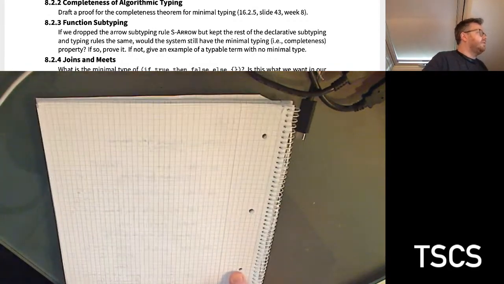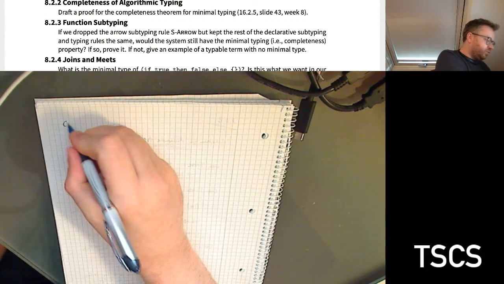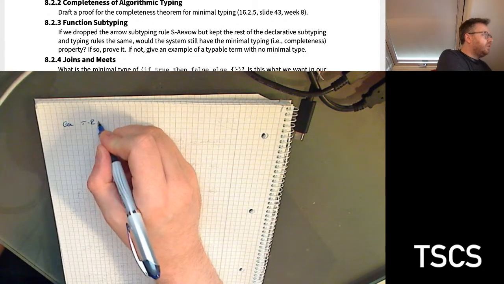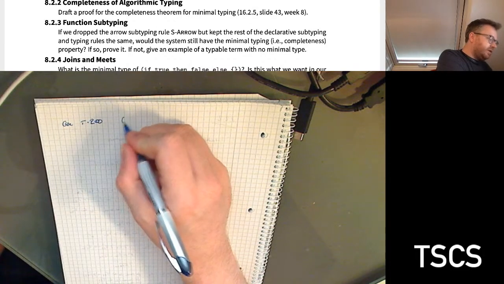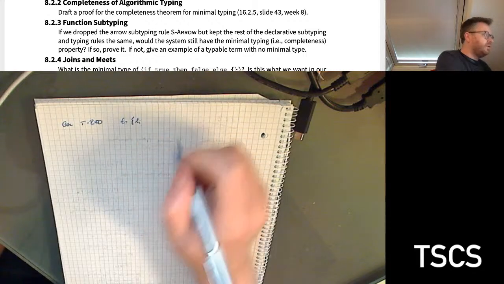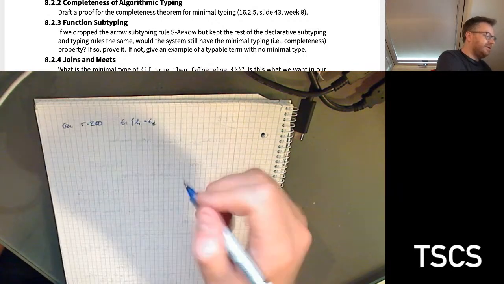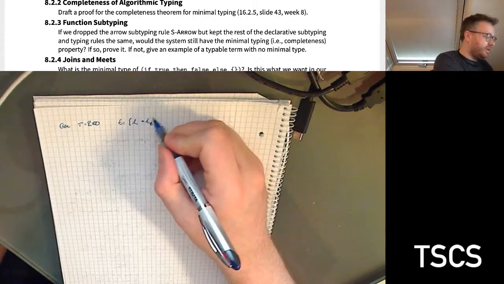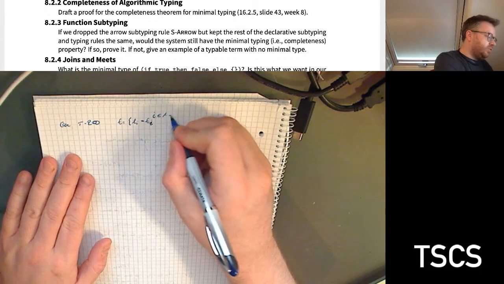So in the next case in our proof, we need to take care of the record rules. So new case, T-RCD, and if we have T-RCD, then the term has the form of a record. So l_i equals t_i, where i goes from 1 to n.